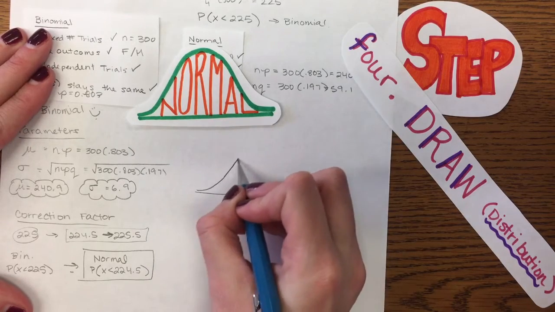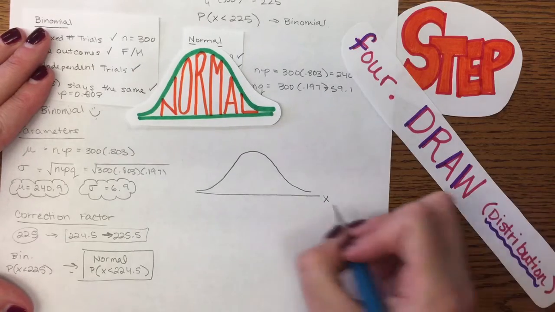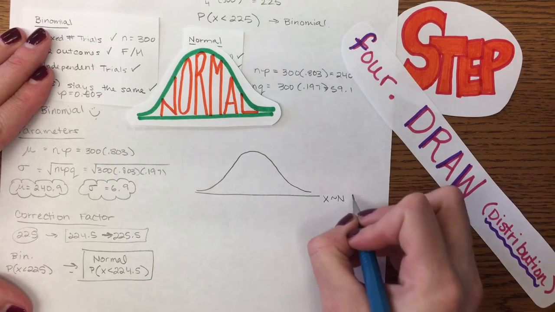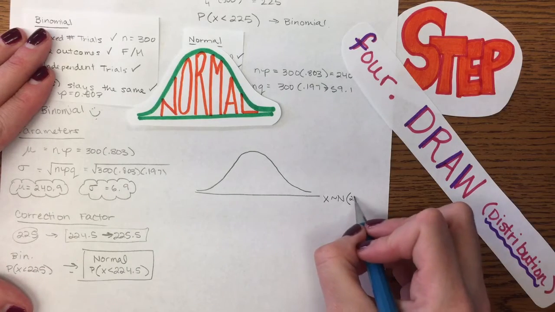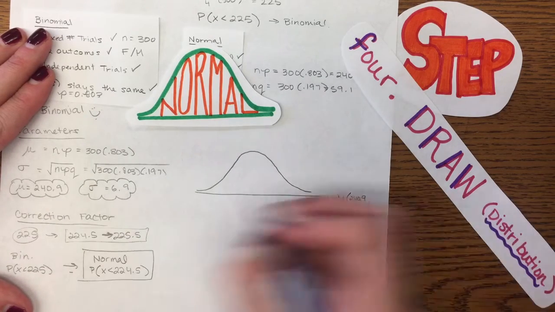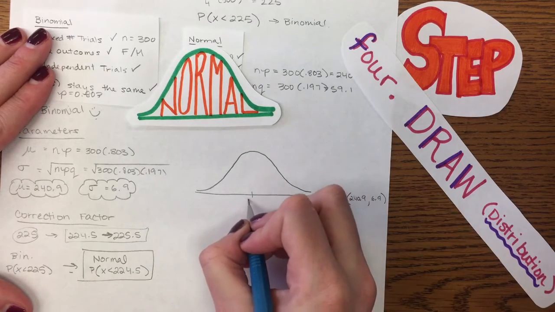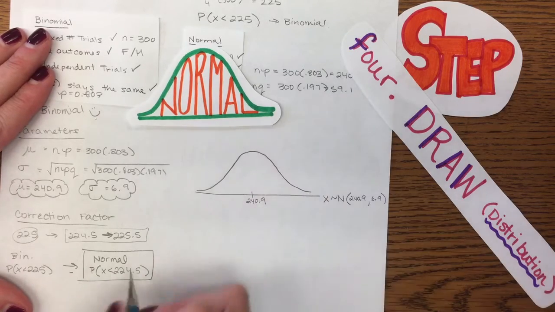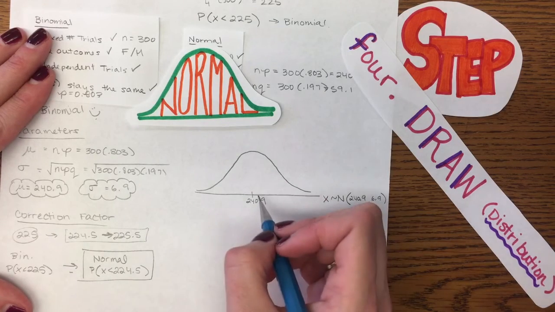So here is my normal curve. And this normal is a distribution of x's that are approximately normal with a mean of 240.9 and a standard deviation of 6.9. Now that I have those, I'm going to mark my mean of 240.9, and I am going to represent this probability on my normal distribution.